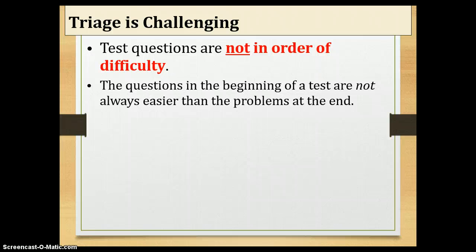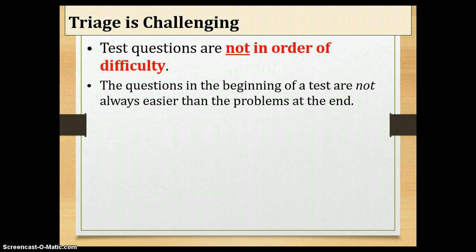Triage can be challenging though because test questions are not always in order of difficulty. The GAIN test, which all e-learning students took during orientation, is unique in that way because it is listed from easiest to hardest. But most tests, like the HiSET, the GED, the SAT, the ACT, the Compass test, are not listed in order of difficulty.